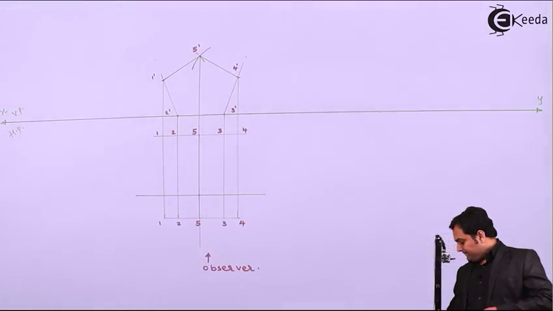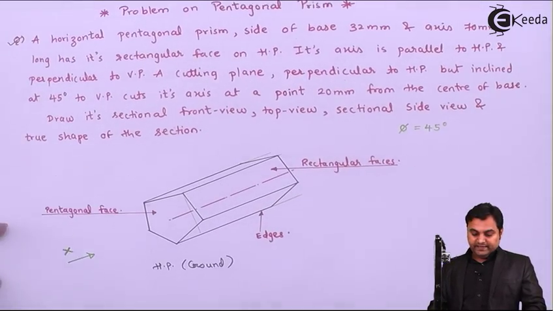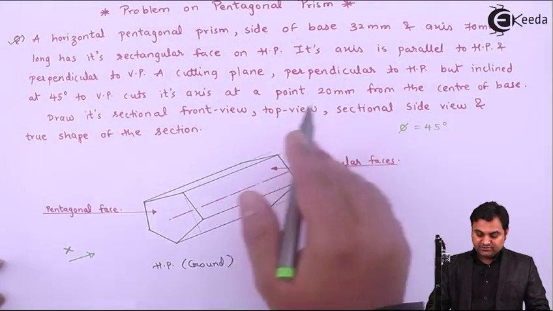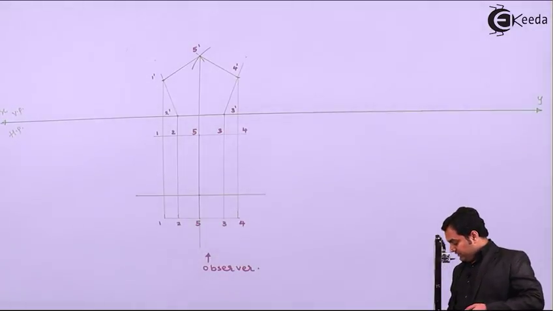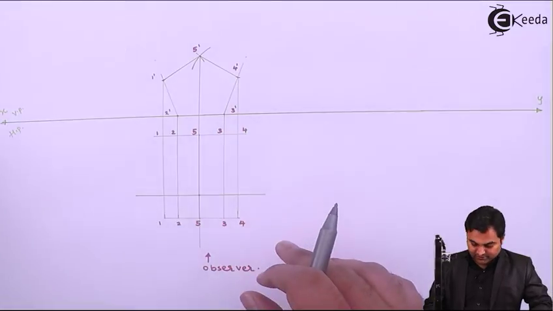It is given that the distance is 20 mm from the center of the base. So here as I have plotted, and the angle is 45 degrees, so yes, this is correct.